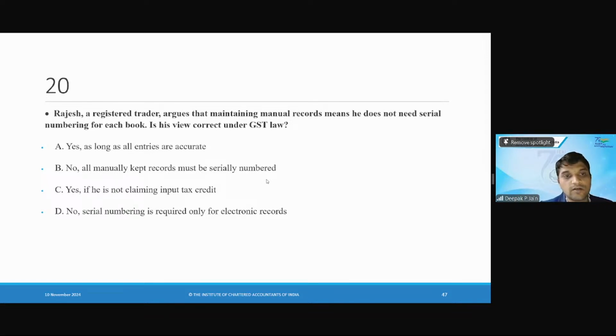Yes, B, because we have seen that manual record should be serially numbered.